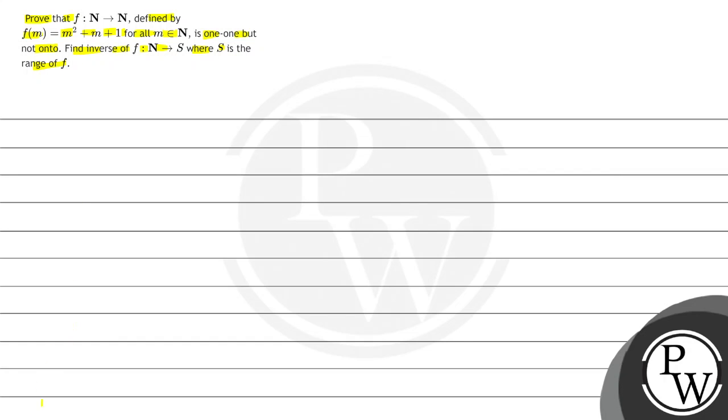So to solve this question, first we'll write some key concepts. We know that a function is said to be onto when its range is equal to the codomain.